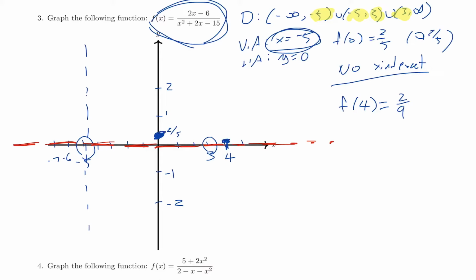And I'm going to plug in negative 3, still on the right side of the vertical asymptote. f of negative 3 gives me 2/2, which is 1.